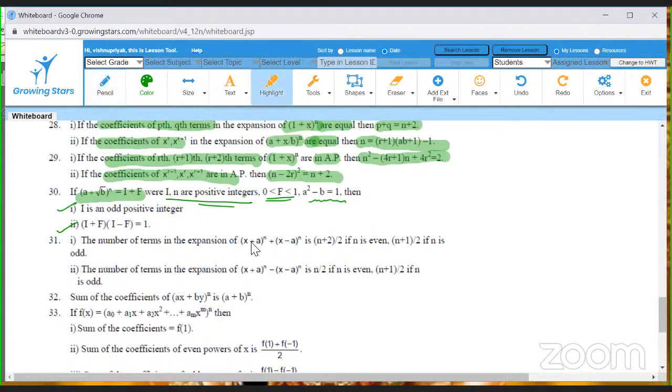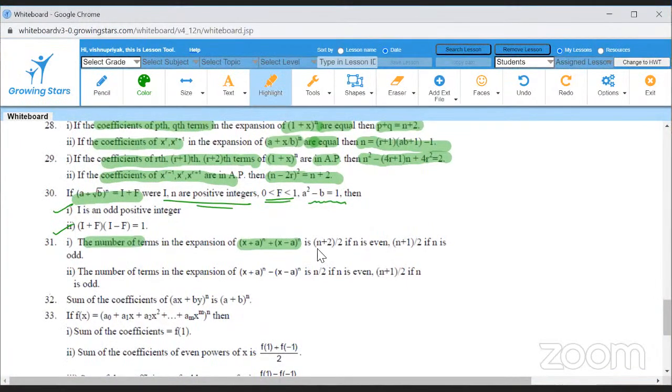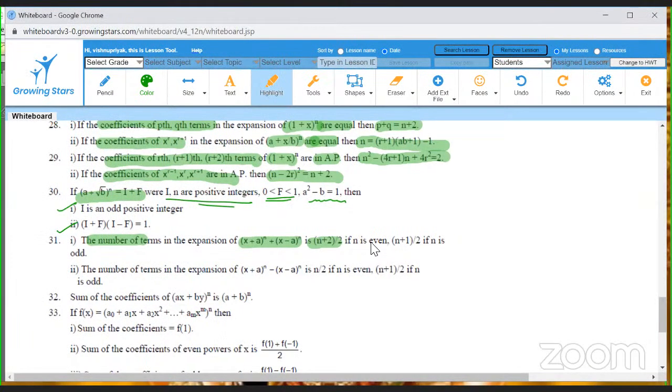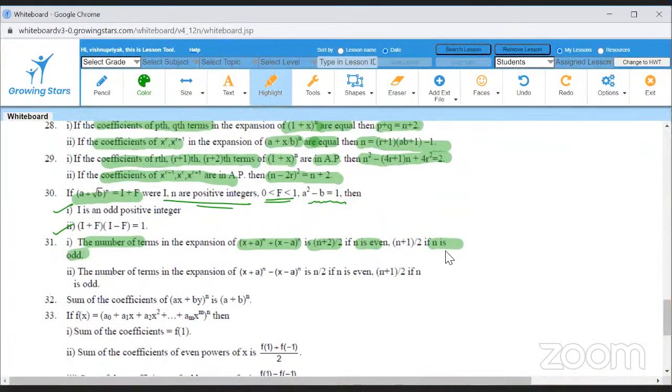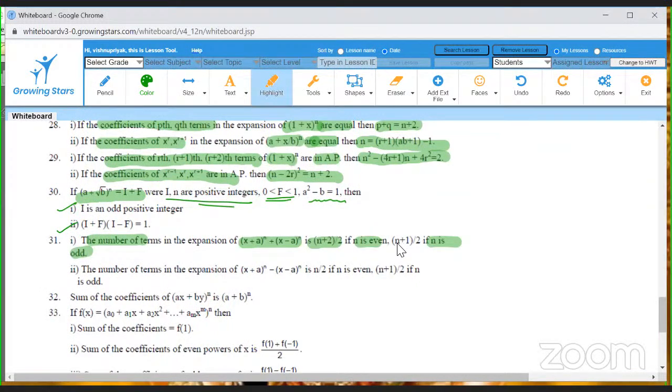Next, in the expansion of this, the number of terms is (n + 2)/2 if n is even. If n is odd, what will it be? (n + 1)/2.